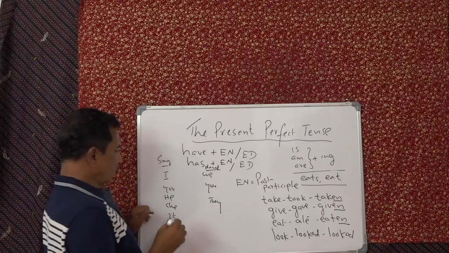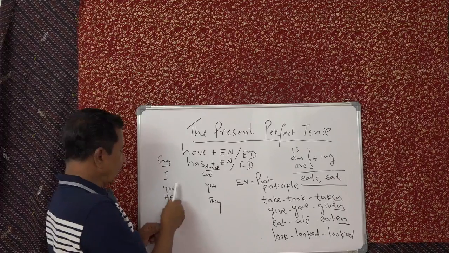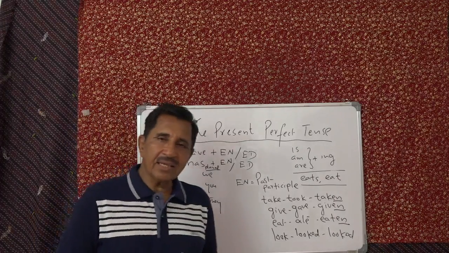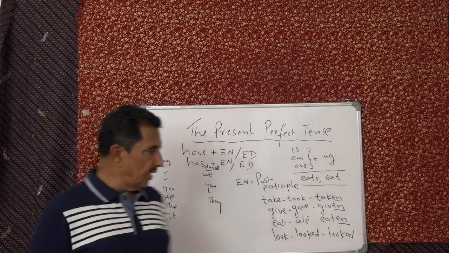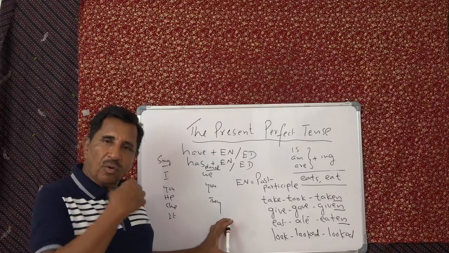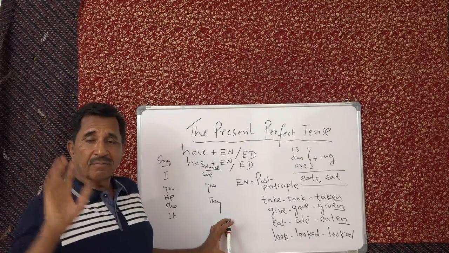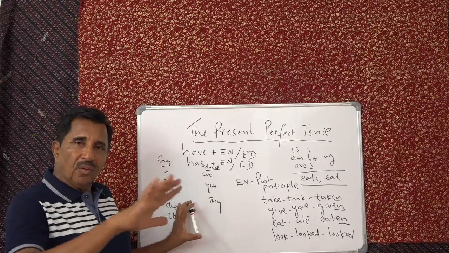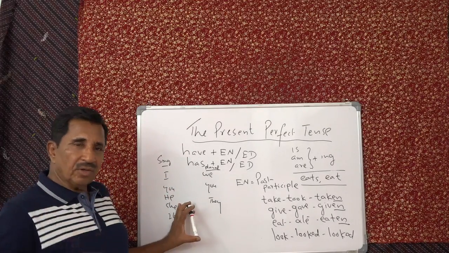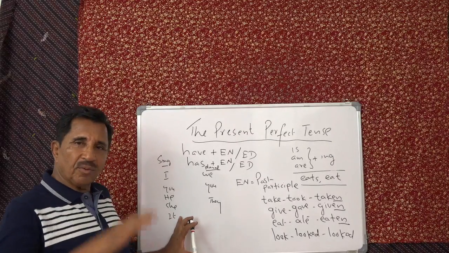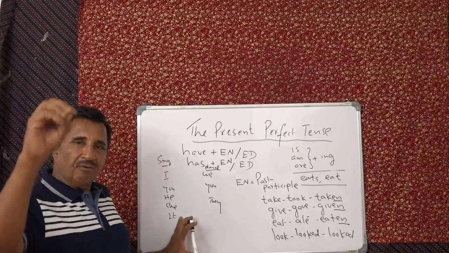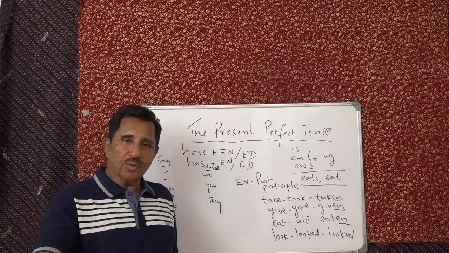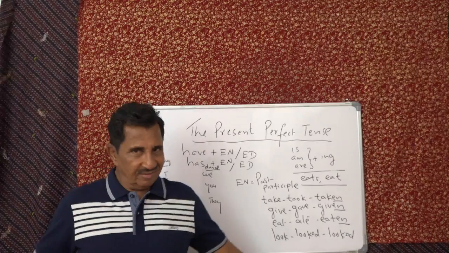So you have got 1, 2, 3, 4, 5, 6, 7, 8 subjects. And they stands for all plural nouns. He stands for all singular masculine nouns. She stands for all singular feminine nouns. And it stands for all neuter singular nouns.